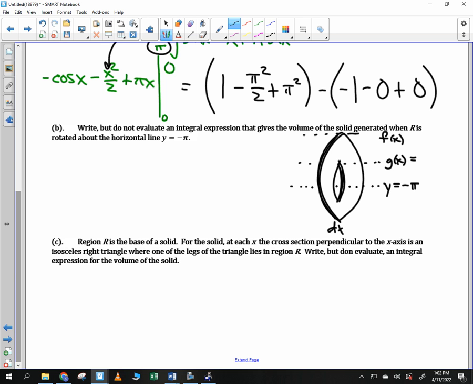Okay. So it looks like we have pi times big R squared minus little r squared. So what is your big radius? Is it f of x minus pi, or is it f of x plus pi? Very good. F of x plus pi.